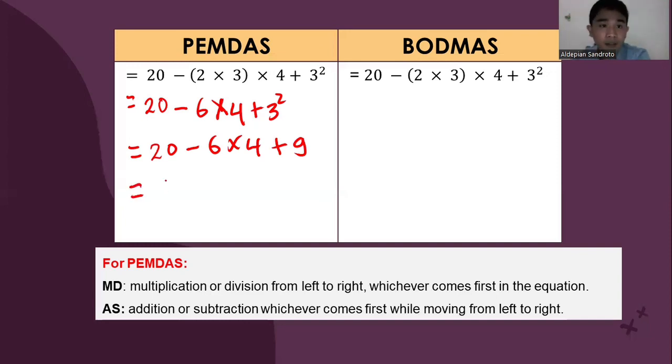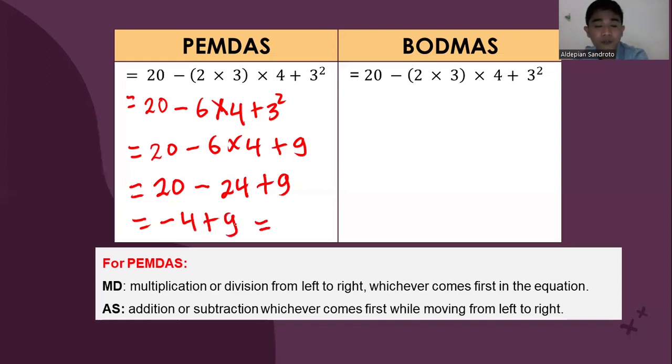And then the next is multiplication, of course. 20 minus 6 times 4 equals 24, plus 9. In the PEMDAS rule, for addition or subtraction, whichever comes first while moving from left to right, 20 minus 24 equals negative 4, plus 9. Negative 4 plus 9 becomes positive 5. So the answer is 5.